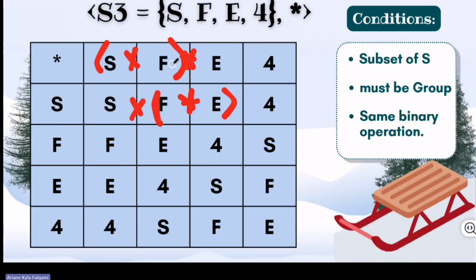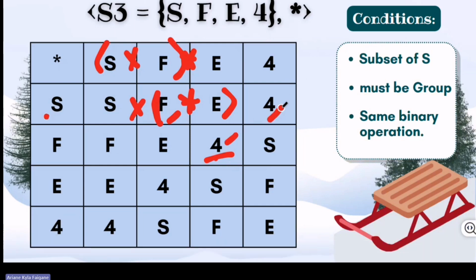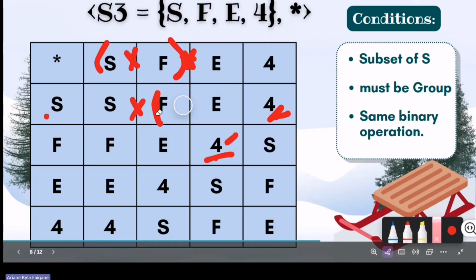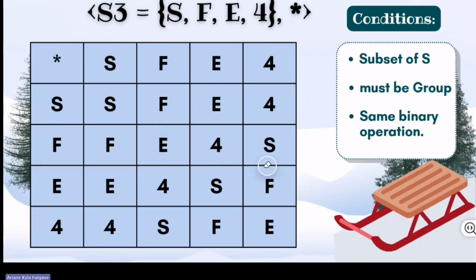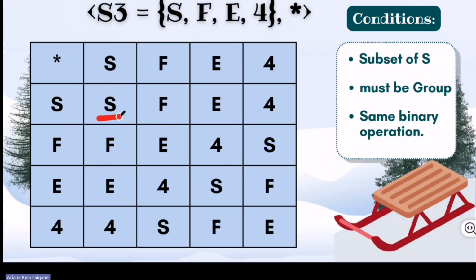So S star F is equal to F, and F star E is equal to 4. So now in this part, F star E is equal to 4, and S star 4 is equal to 4. Therefore, it is associative. Now, we need to know if it has an identity element. As you can see, there is a part on the table, which is this.